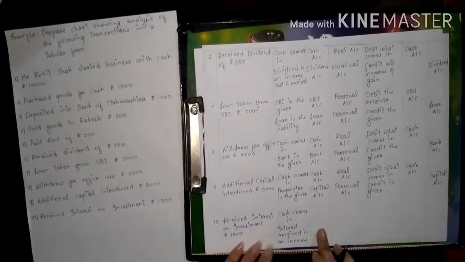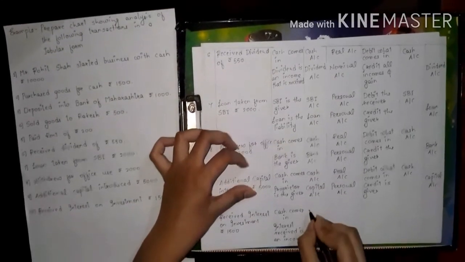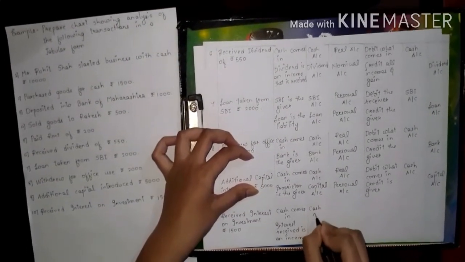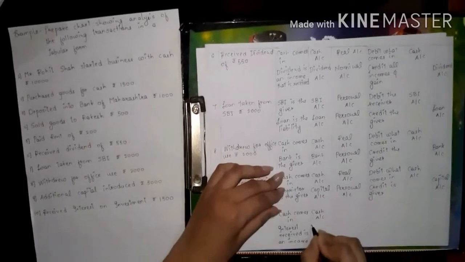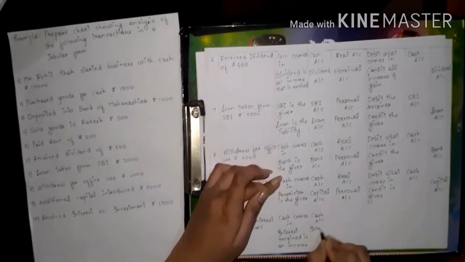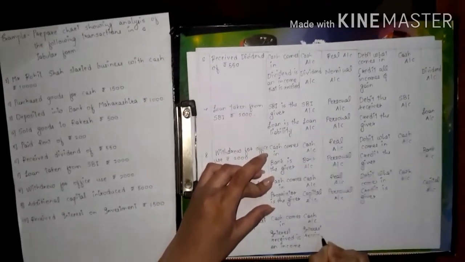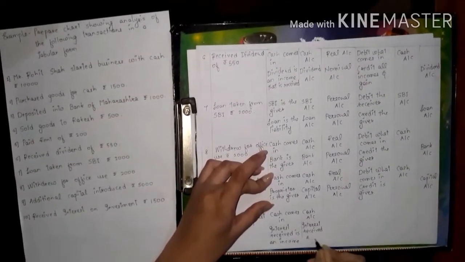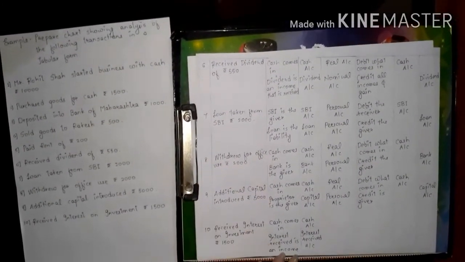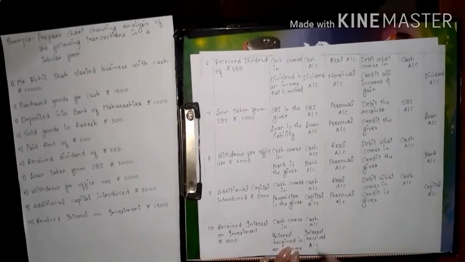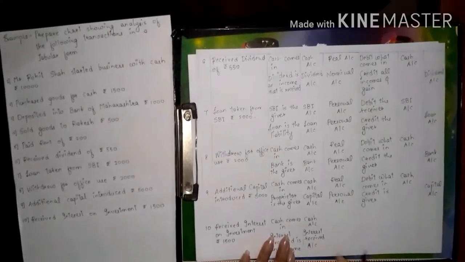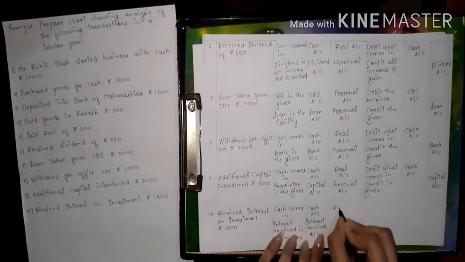Now accounts involved: first is cash account and the other is interest received account. I will write here in short form because I don't have space. Rules for cash account: real account.